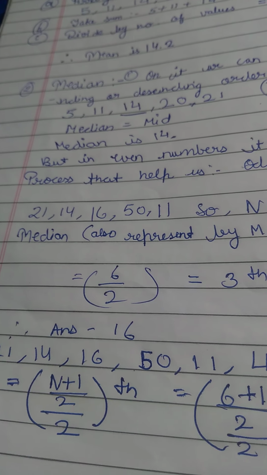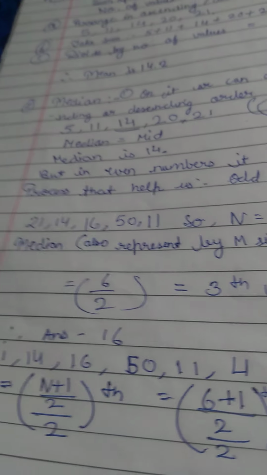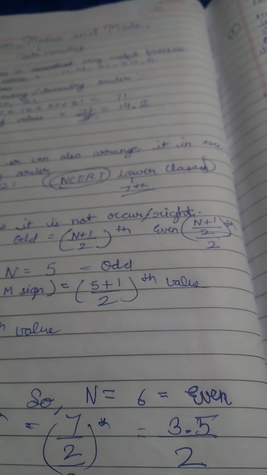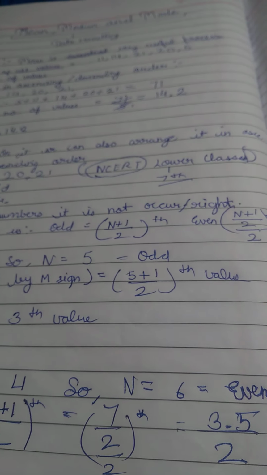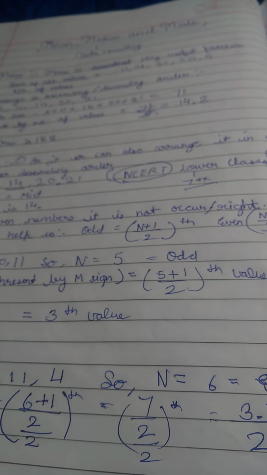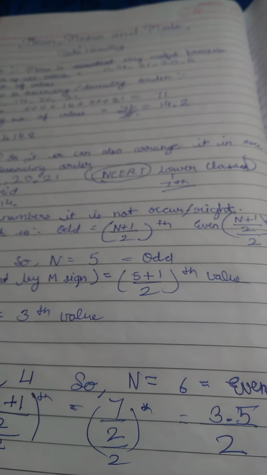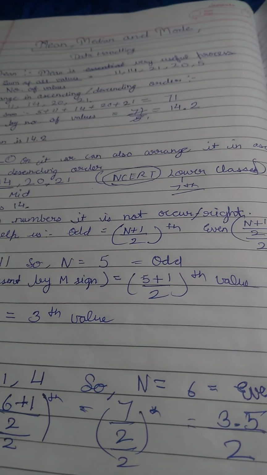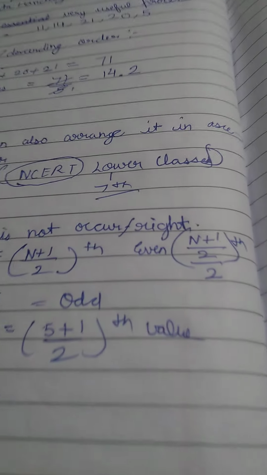Now the numbers are 21, 14, 16, 50, 11, 4. Our new number comes here, and n equals 6, which means even. So the formula (n plus 1) divided by 2 is not used here. What do we use? We take n divided by 2 and n divided by 2 plus 1.